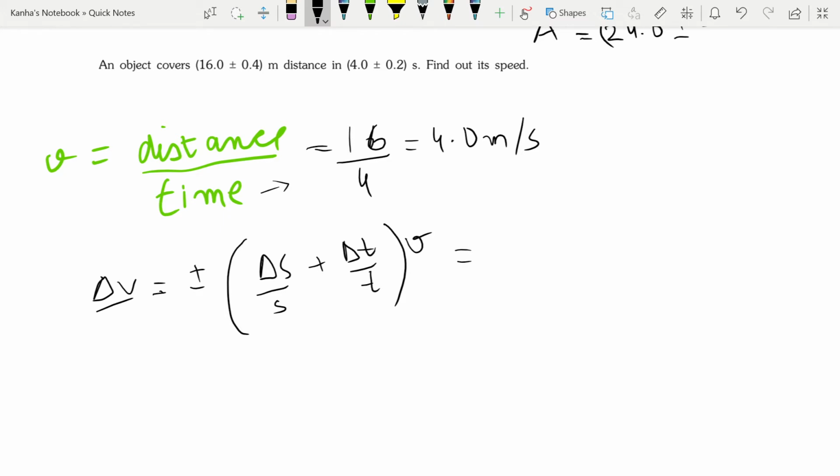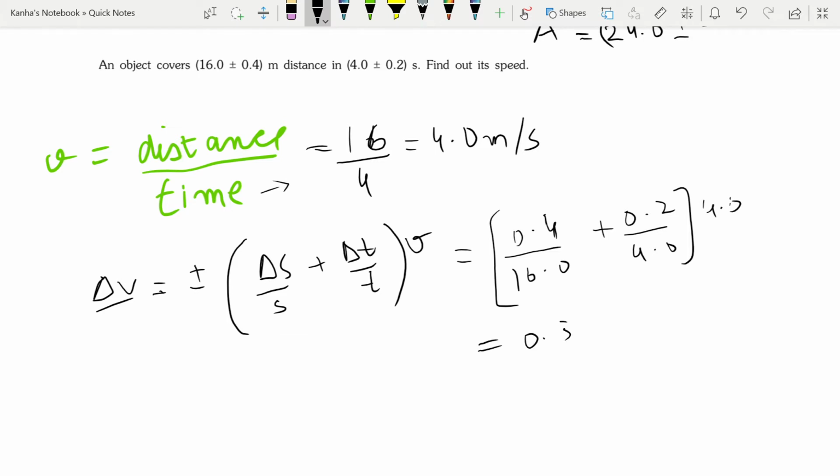So my delta V will turn out to be 4.0 times, which is equal to 0.3. It's a very simple question, and I think if it comes in the paper, you can easily fetch marks. So this question was done very easily.